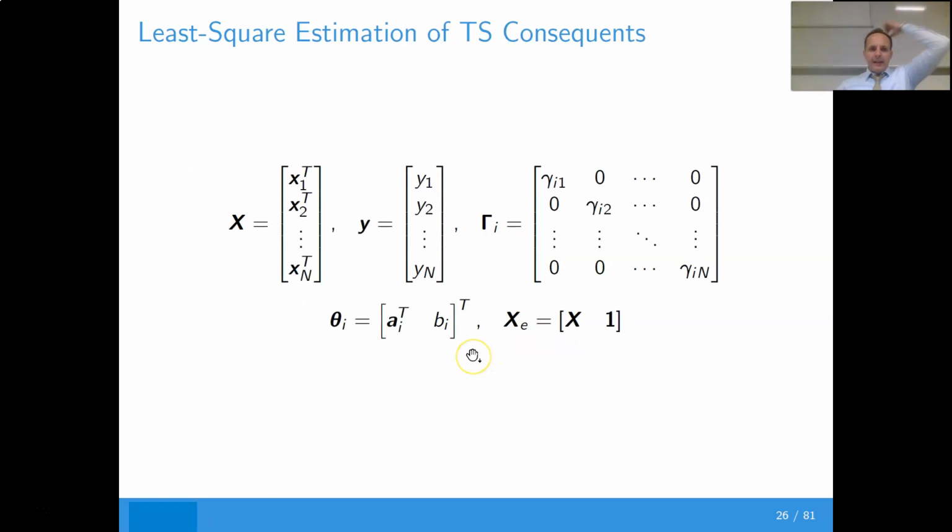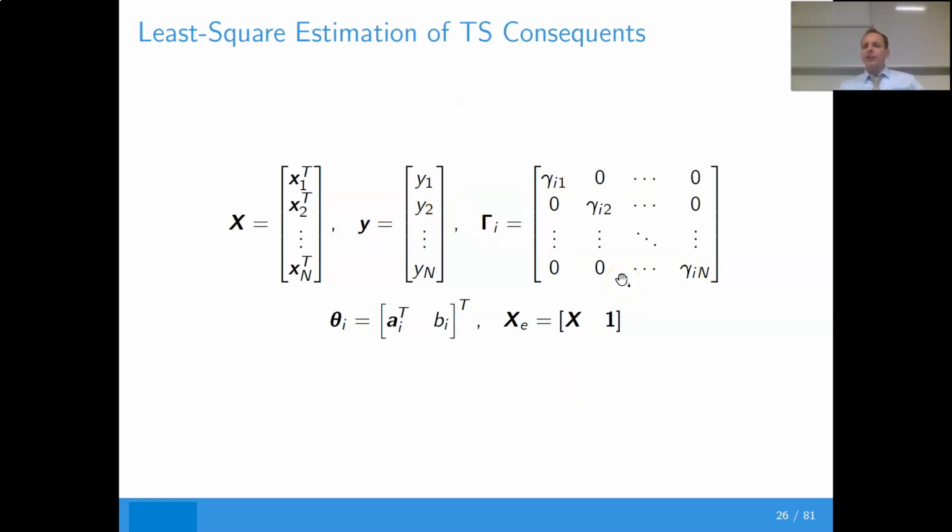The least square estimation can be rewritten in this form. So you have the matrix which contains all the input variables depending on the data, and refers to the single cluster or rule, and the vector of the outputs, the dependent variables y, and gamma.